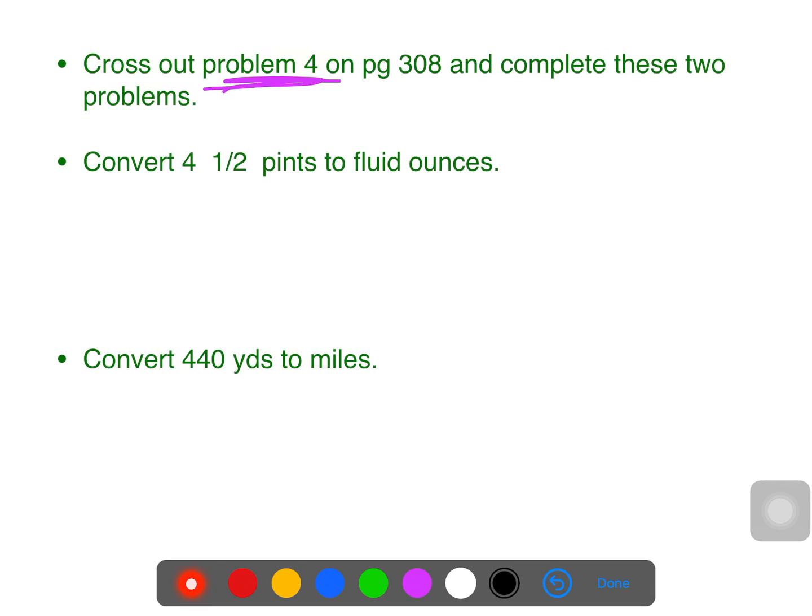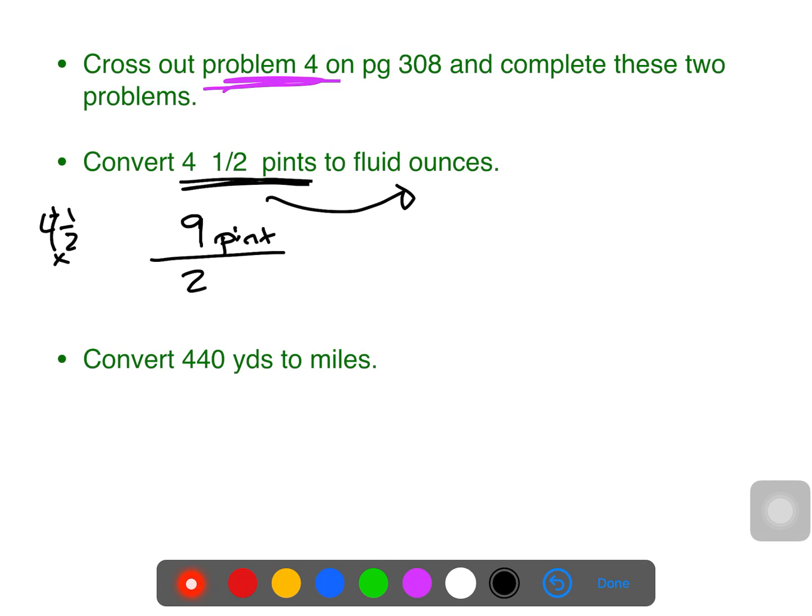All right, welcome back. We should have said that if I wanted to go from 4.5 pints to fluid ounces, I need to make it improper. In order to do that, I'm going to take the 4 and 1/2. I know that 2 times 4 is 8, plus 1 is 9, so it's 9 over 2 pints. And I need them to cancel, so I know 1 pint is equal to 2 cups. My pints label's gone.